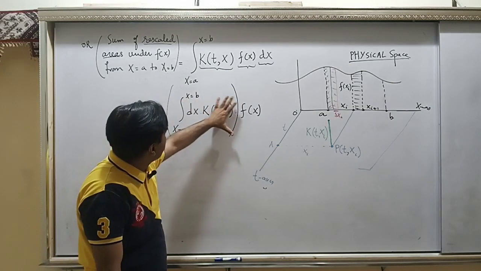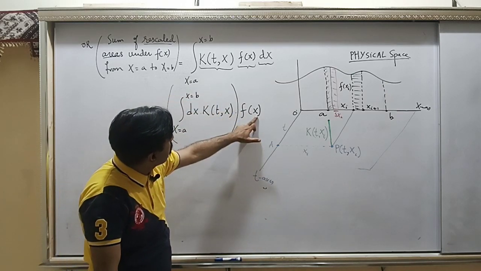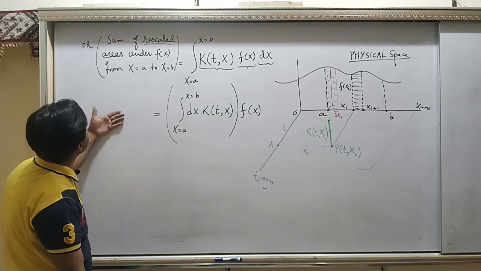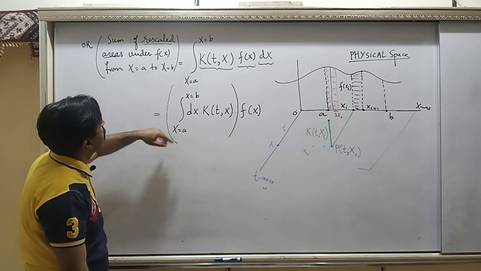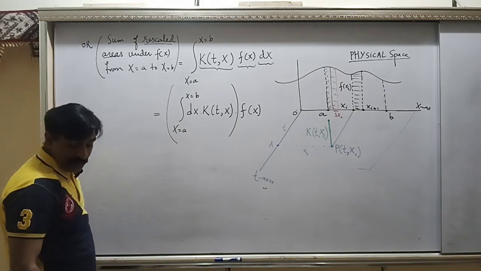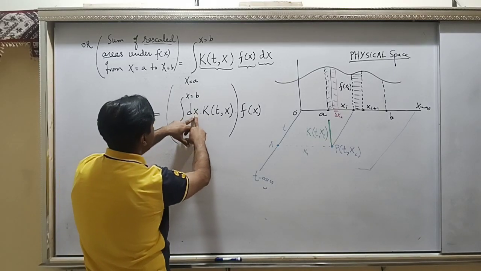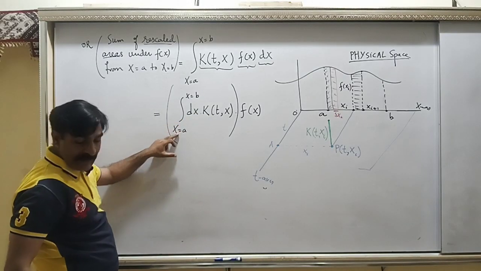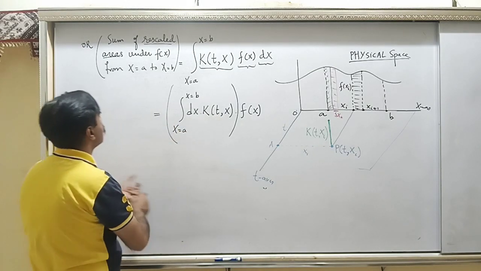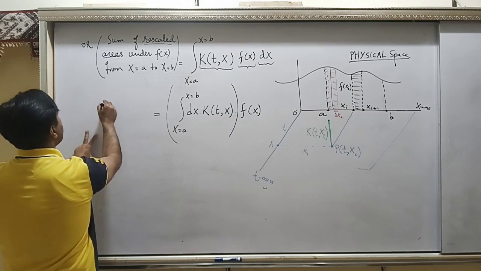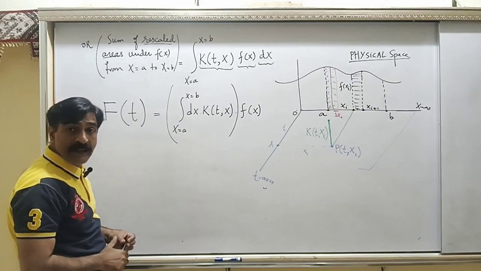So this is an operator, and when this operator is acting on f(x), it is giving you something new, and that something new is the sum of the rescaled areas under f(x) from a to b. But there is an integration over x. When integration over x is done, the variable x will vanish, but you will get a function of t only. So on this left side, you will have a function which will depend on t only, right?